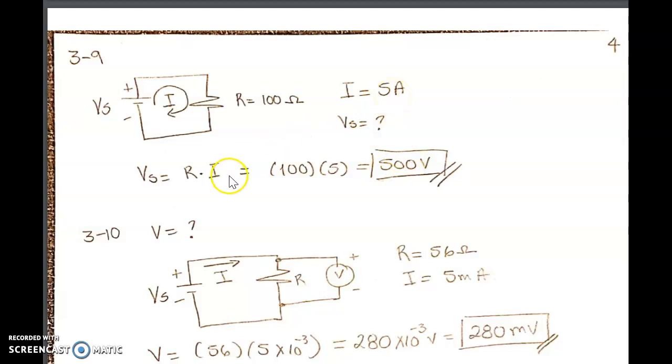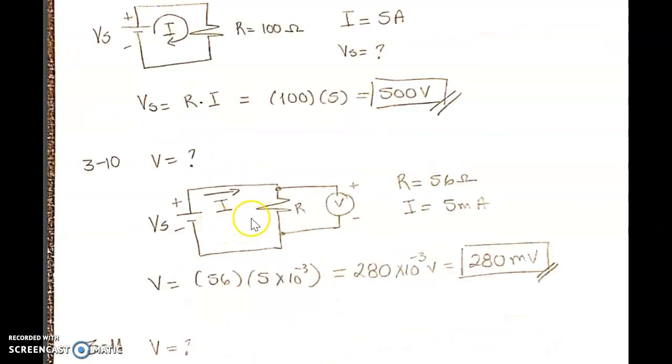In example 3.10, they are asking us to find the voltage drop across this resistor right here. In this case, there is nothing else connected to the voltage source, so the resistor has to consume the voltage source.